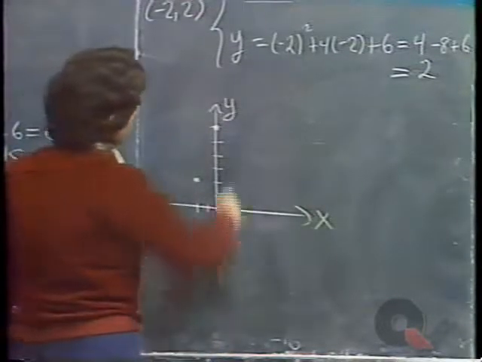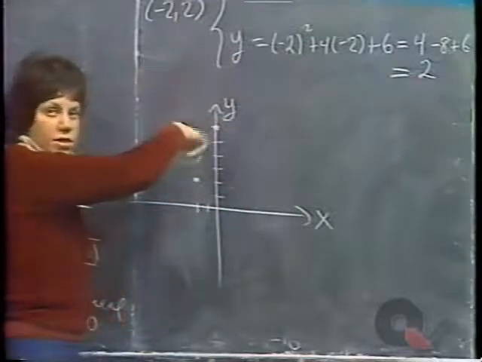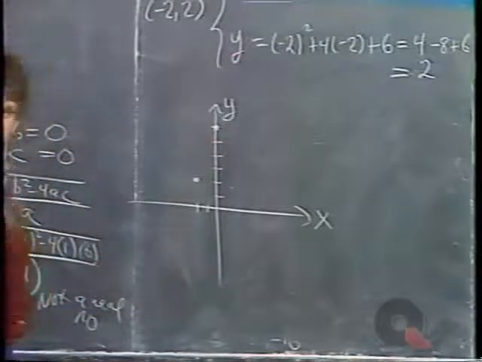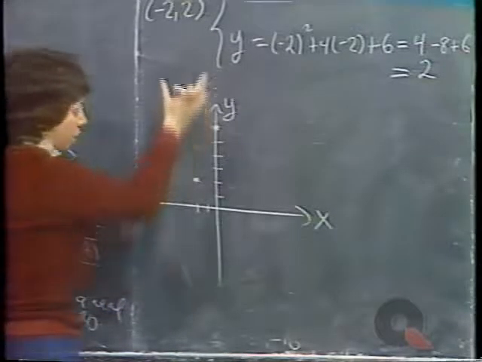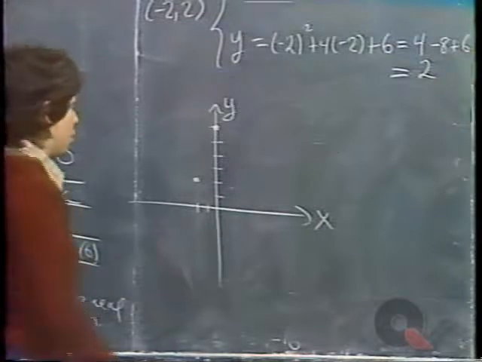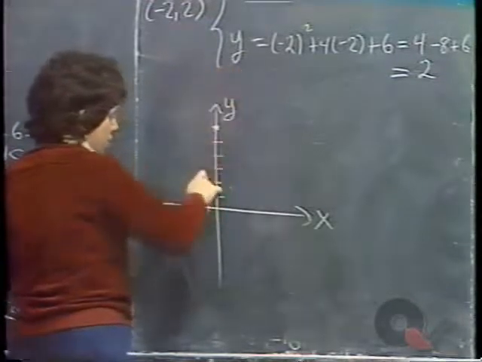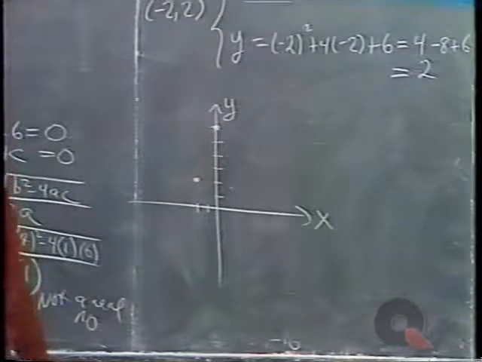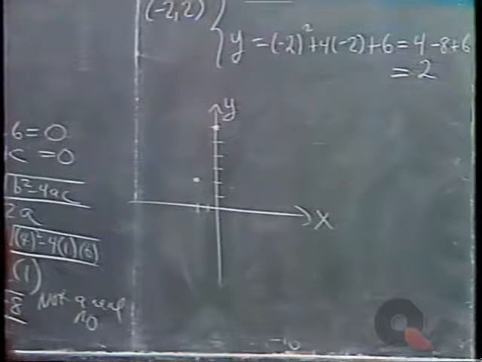We could sort of say, look, the parabola has to be going like this. It can't be going like this, because that would mean it has x-intercepts. a is positive. We know the parabola is opening upwards. The vertex is the lowest point on the parabola. We could sort of sketch it in like this, since we do know this is the lowest point, but it would be nice to have another point on the parabola to help us in our sketch.